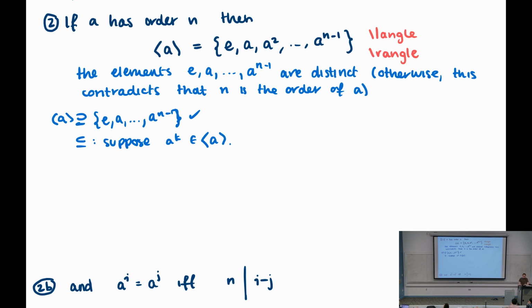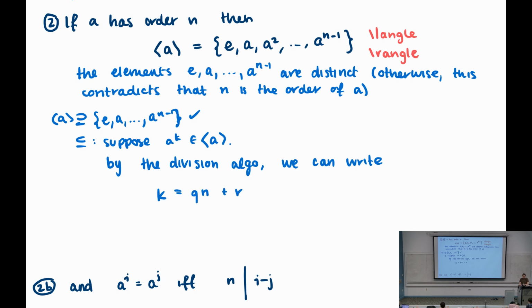Then by the division algorithm, we can write k is equal to some multiple q times n plus r, where 0 is less than or equal to r is less than n.